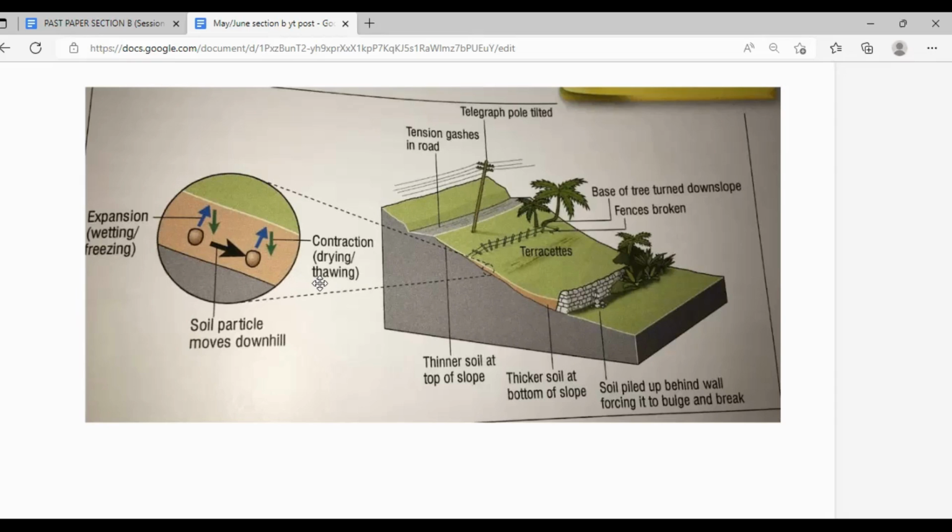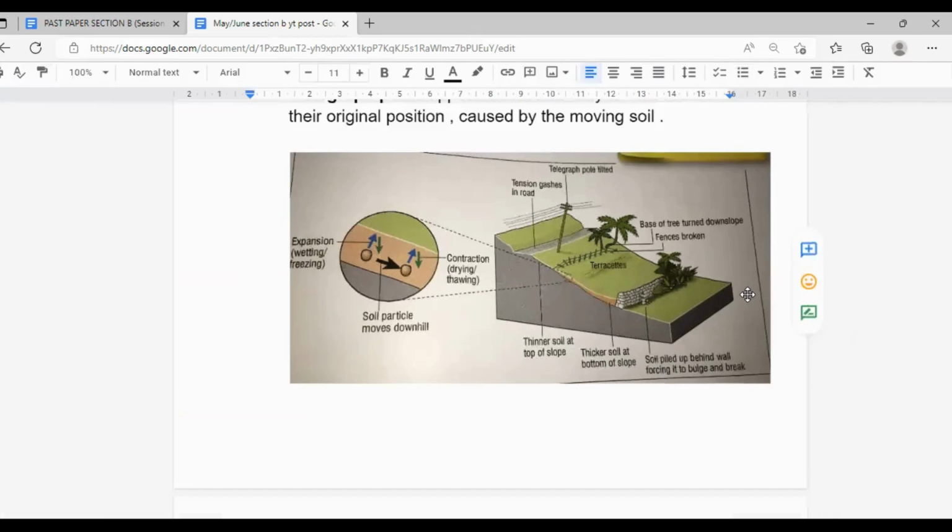And that happens over and over, expanding and contracting, and because it's on a hill, gravity is moving the soil, and that is what causes the soil creep, right?